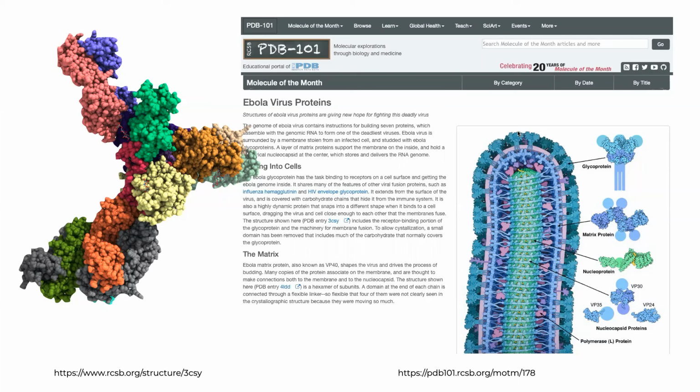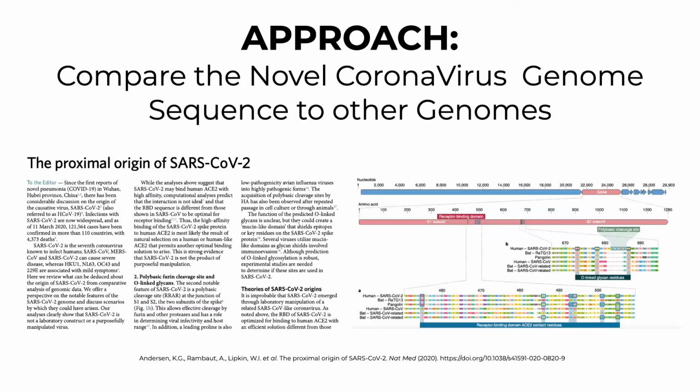And so we're able to see that the glycoprotein is something that has a lot of significance for a lot of different viruses. Ebola virus, and then we also started talking about coronaviruses. Coronaviruses also have a glycoprotein, a spike glycoprotein.